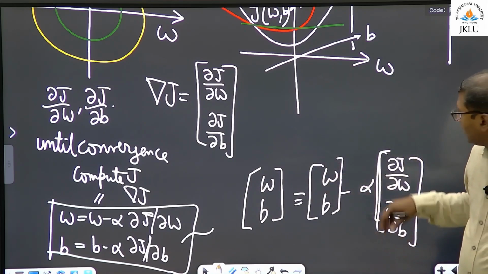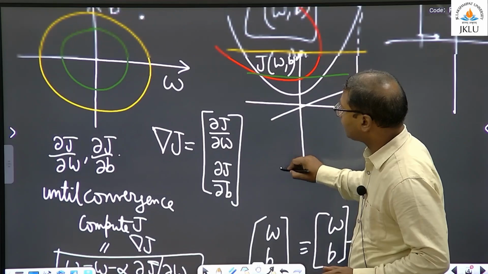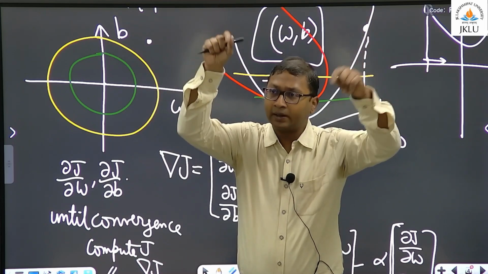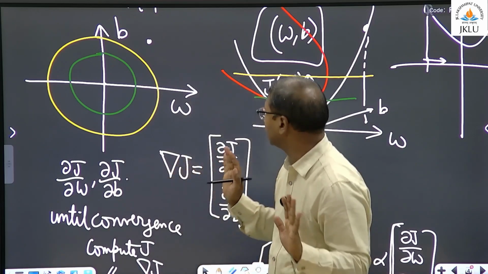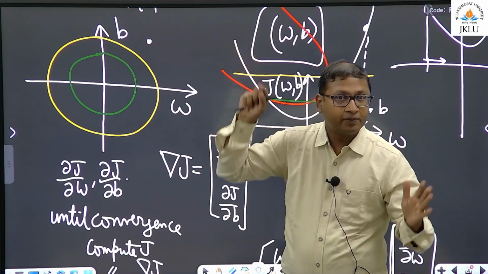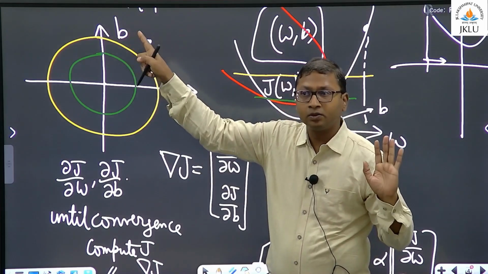How do I go from here to here is my question. Note that we are not saying anywhere that I am uphill somewhere, I am descending, I am going towards the minimum. That does not help me. What are the degrees of freedom given to you? You lie only in W and B plane.